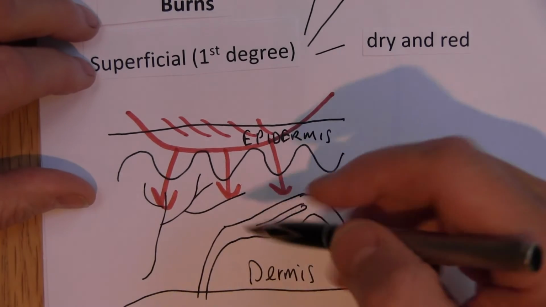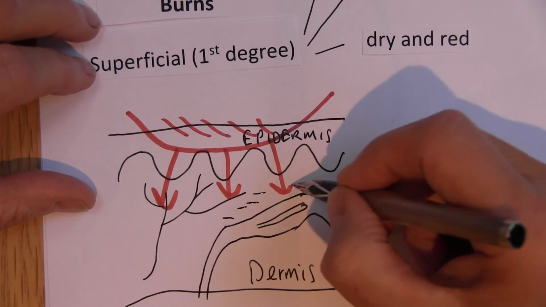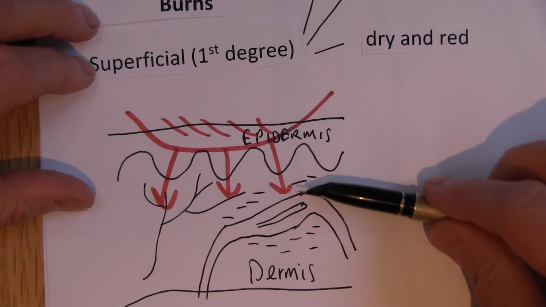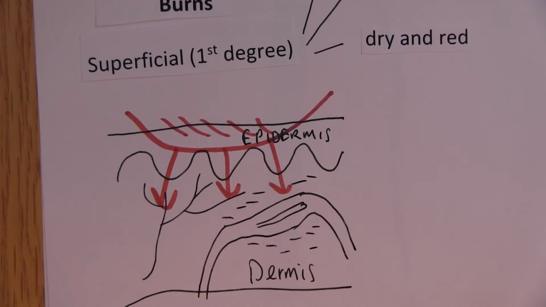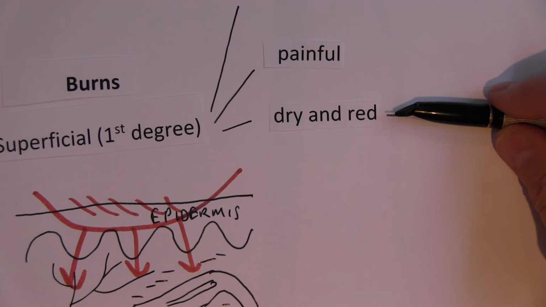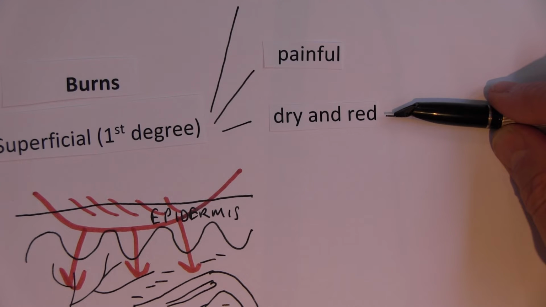And naturally the dermis is actually fairly moist. There's a lot of tissue fluid there. So as we'll see later, burns affecting the dermis can be very moist, exuding burns, but burns affecting the upper layer, the epidermis, usually are not.